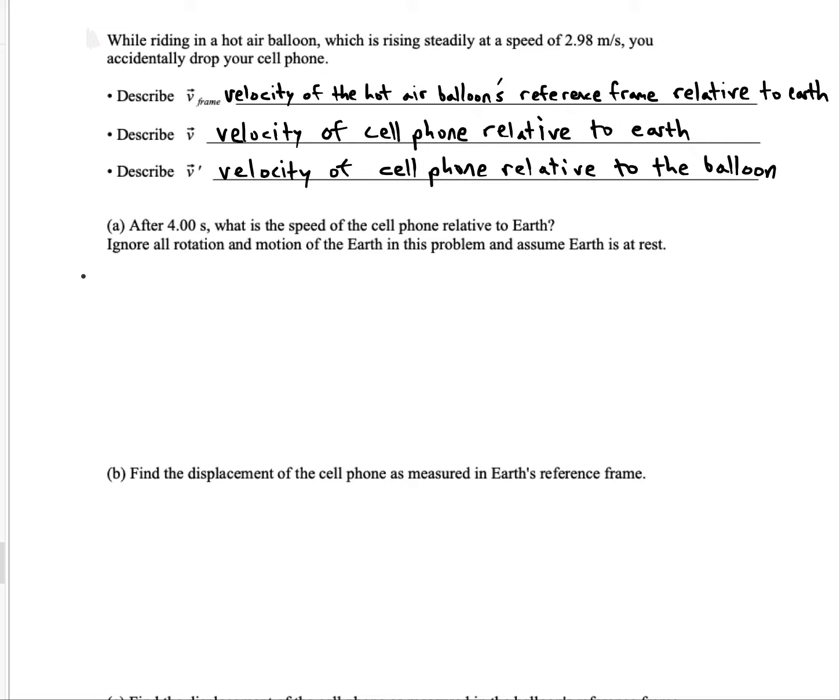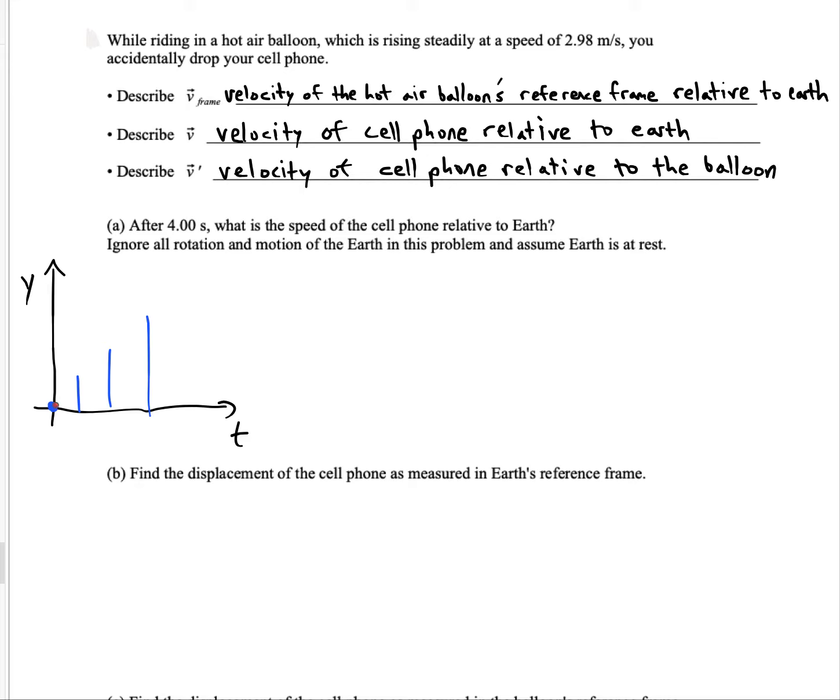All right, so let's say we did a little motion graph of it, and it's a position versus time graph. Then what we would see is the balloon, let's say, starts on the ground at time 0. And as time goes on, the balloon is getting farther and farther off the time axis because it's moving in the positive y direction, right?